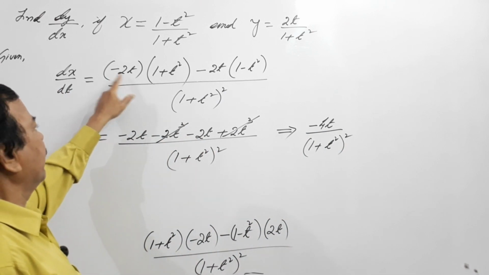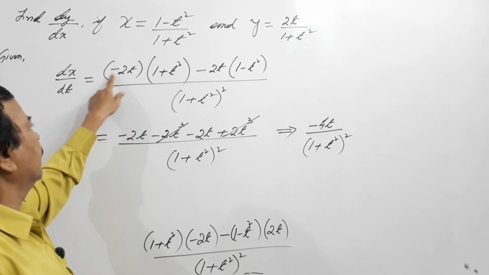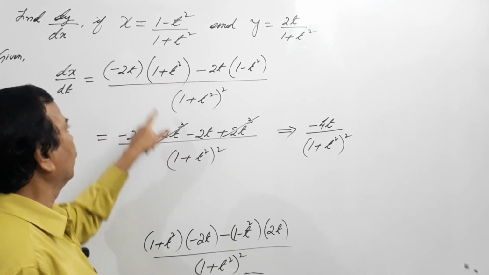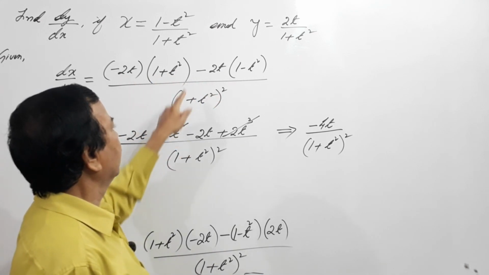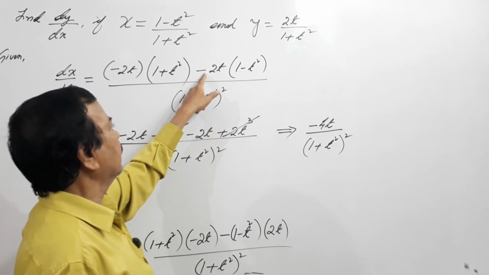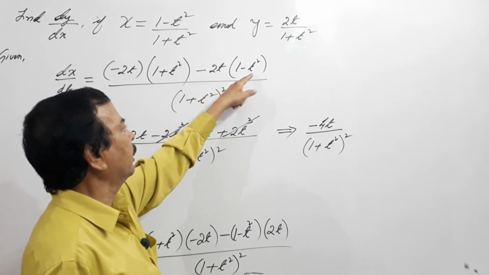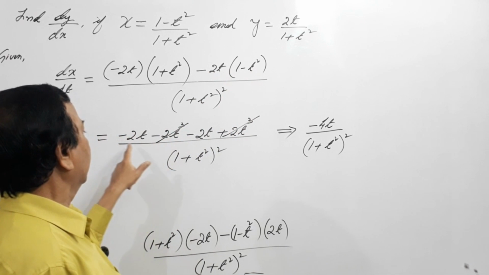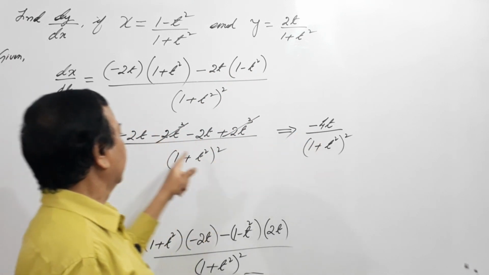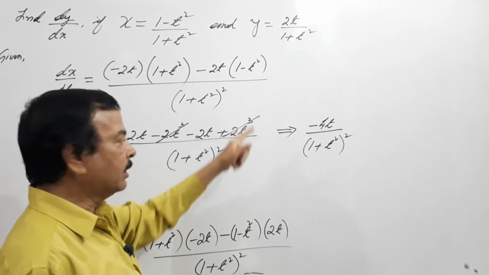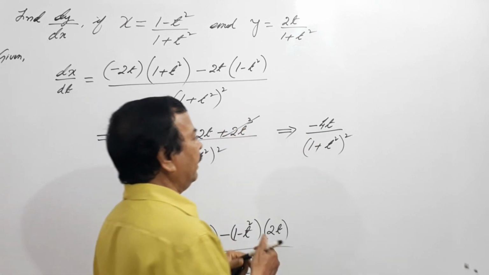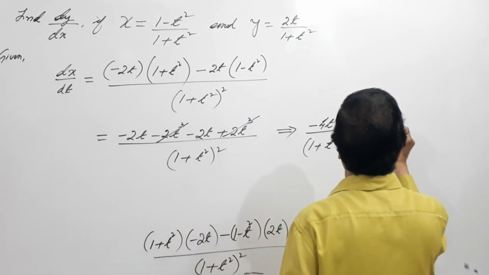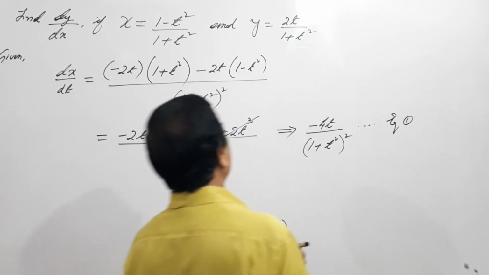I multiplied minus into this: minus 2t stays minus 2t, minus into plus becomes minus, that becomes 2t cube, 2t into t square. Now I take the second part: minus into this becomes again minus 2t, and minus into minus becomes plus 2t into t square, that becomes plus 2t cube. So minus 2t becomes minus 4t, minus 2t cube plus 2t cube cancels, you are left with minus 4t by 1 plus t square the whole square. I call this equation 1.